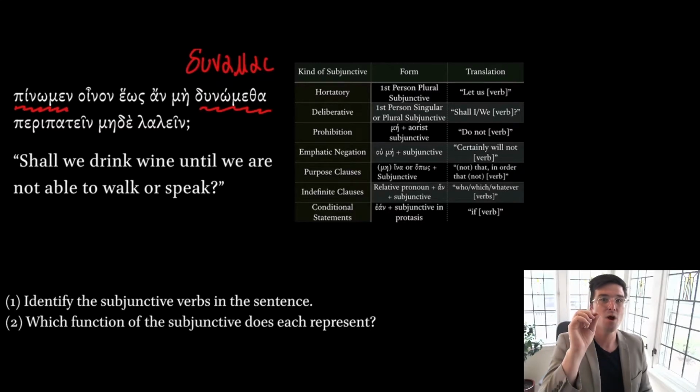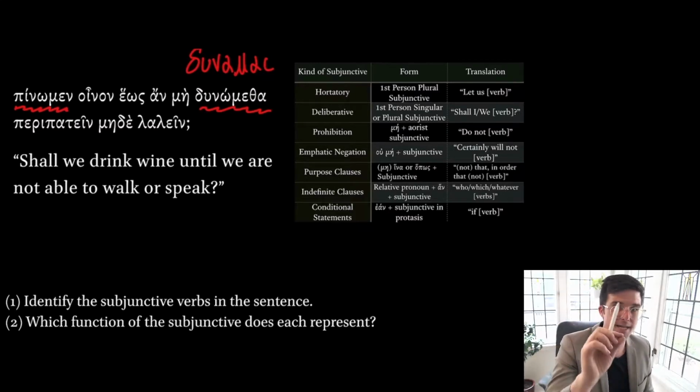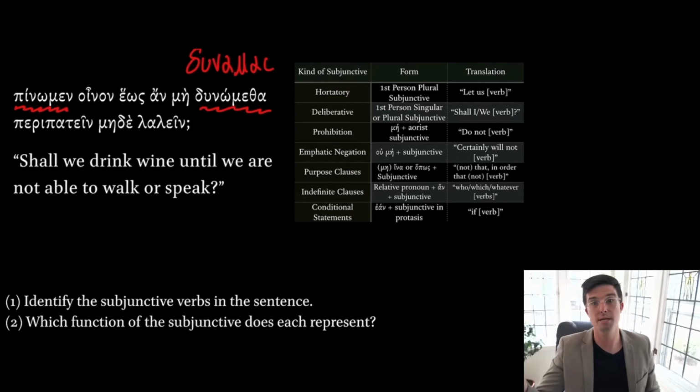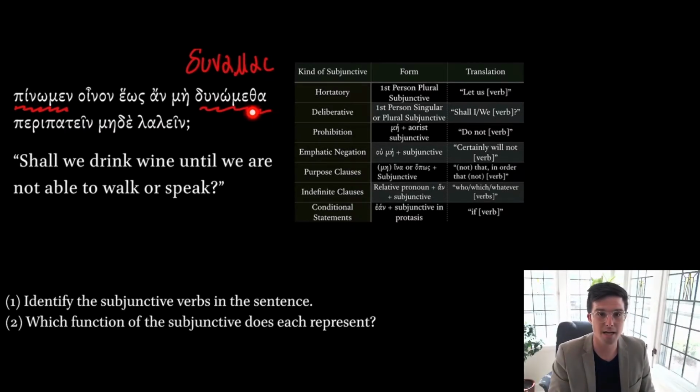What I meant to say was a verb that is deponent in the indicative will also be deponent in the subjunctive. So that's why we have the middle ending metha here rather than an active ending with men, because this is a middle deponent verb in the subjunctive just as it is in the indicative.